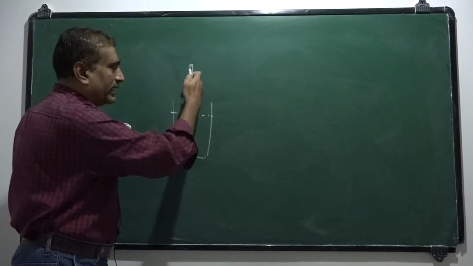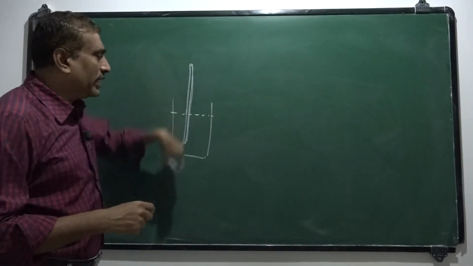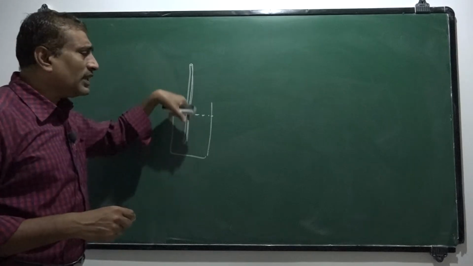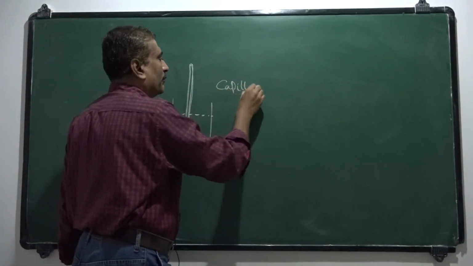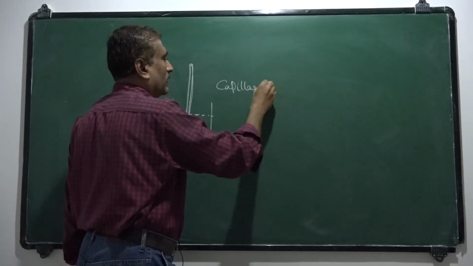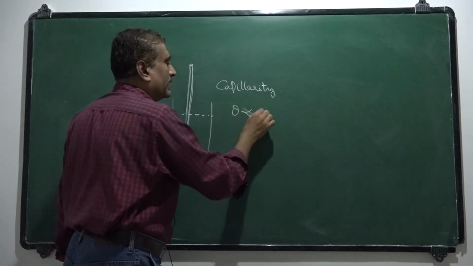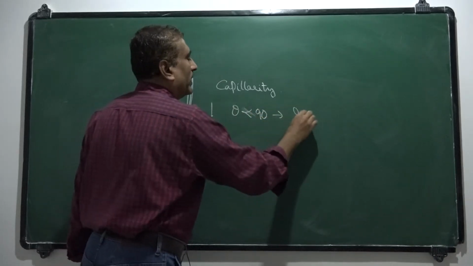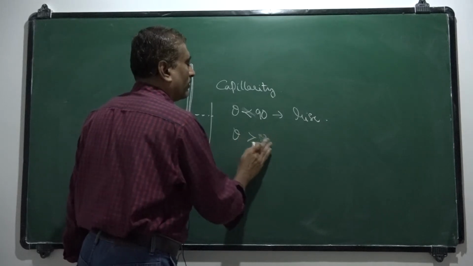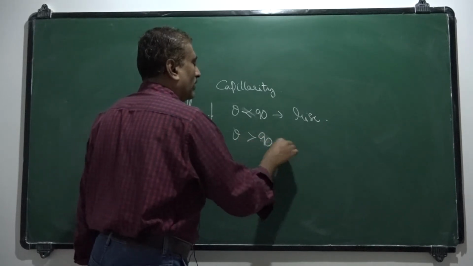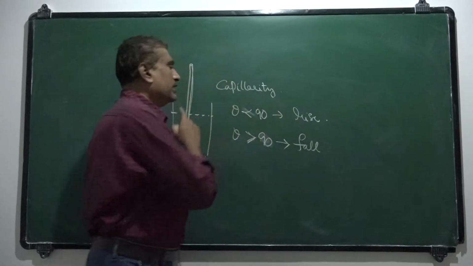The rise or fall of liquid in a capillary tube when it is dipped vertically in a liquid is called capillarity. For liquids whose angle of contact is less than 90, there will be a rise, and for liquids whose angle of contact is greater than 90, there is a fall of liquid level inside this capillary tube.